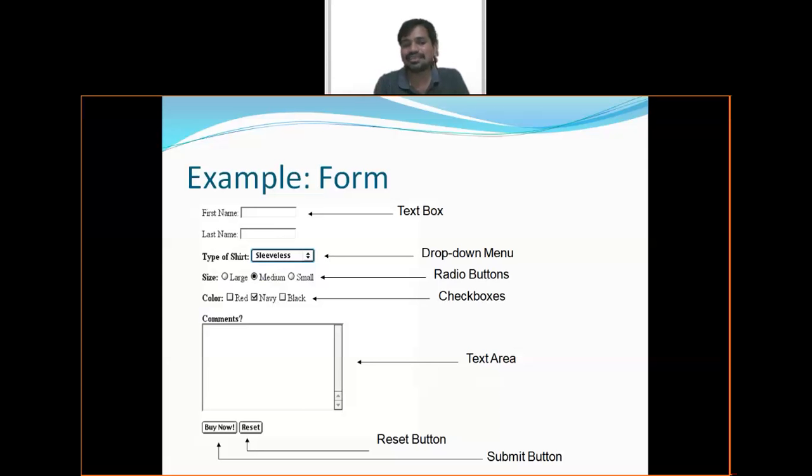Most of the time you use it for first name and last name, but for an address, multiple lines are required, so that time you use a text area. A text box has a limitation within one line, but for multiple lines you should use a text area. There is a property where you can select how many characters, how many alphabets and how many spaces are required.